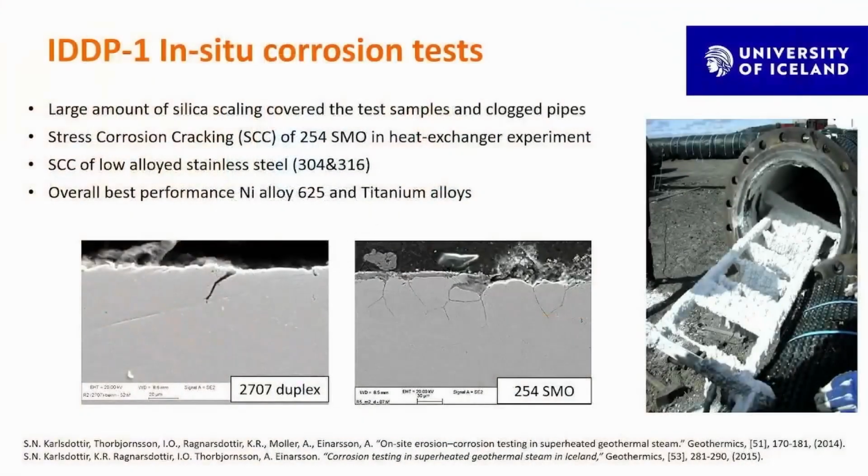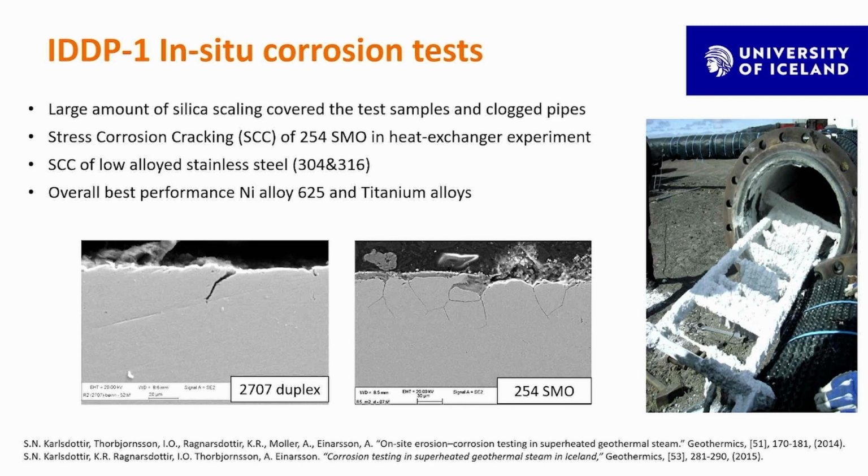So we had a chance of doing sets of material tests on site in the steam after the superheated steam was retrieved. The wellhead pressure was 140 bars and the temperature 450 degrees. So it was the hottest flowing geothermal well at that moment.